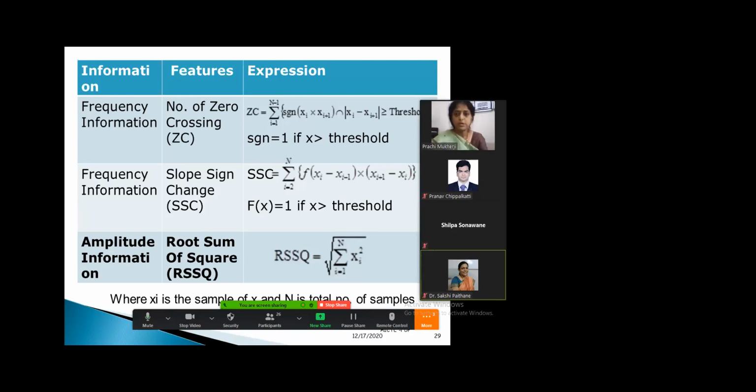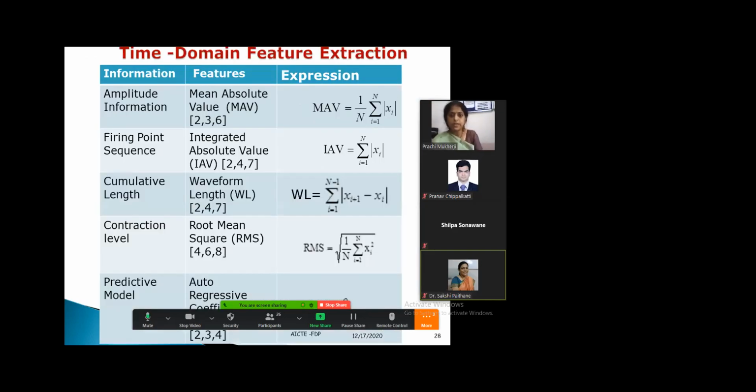Here you can see that there are a lot of features like frequency information, number of zero crossing, slope sign change, and previous to that, mean absolute value, integrated absolute value, waveform length, root mean square, and autoregressive coefficients.